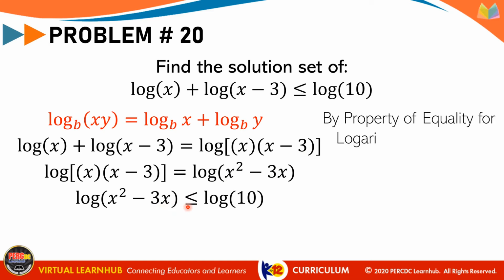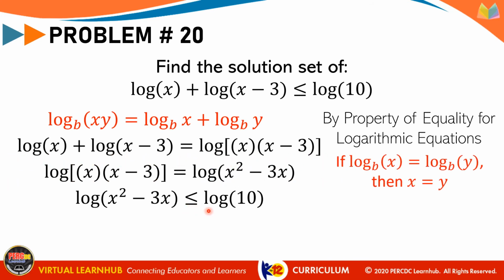By using the property of equality for logarithmic equation, and that states if log of x to the base b is equal to log of y to the base b, then we can say that x is equal to y. Applying this property, we will have x squared minus 3x is less than or equal to 10. Or transposing 10 to the other side, we will have x squared minus 3x minus 10 is less than or equal to 0.